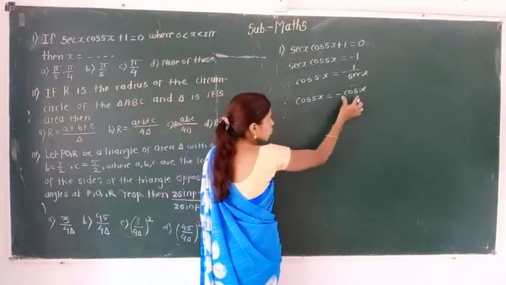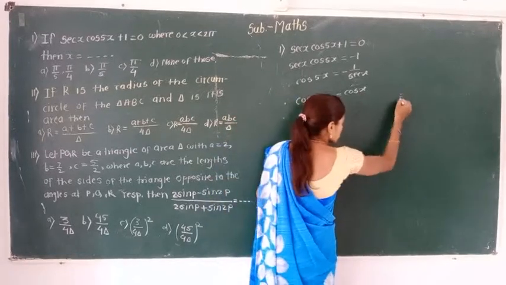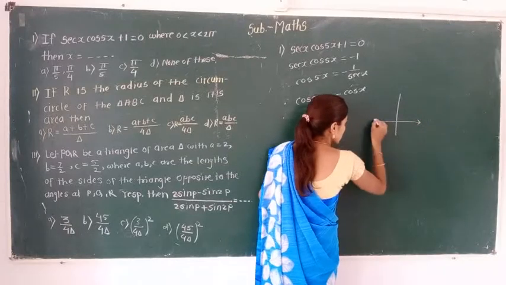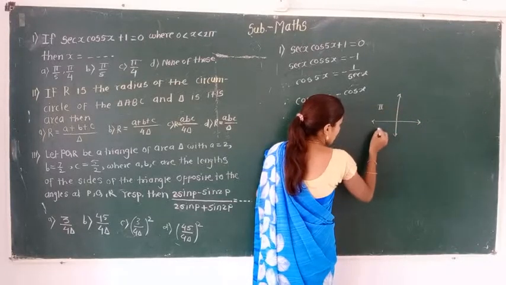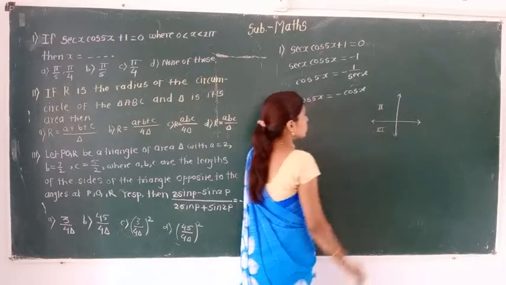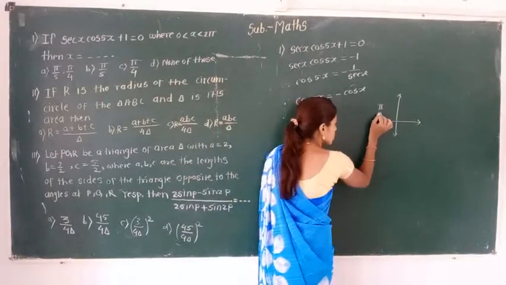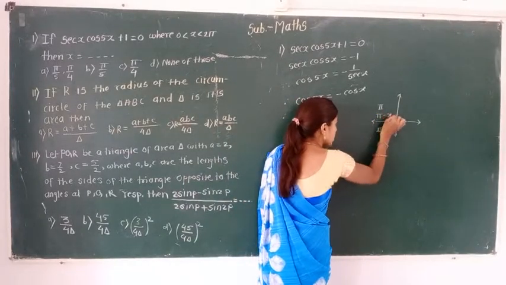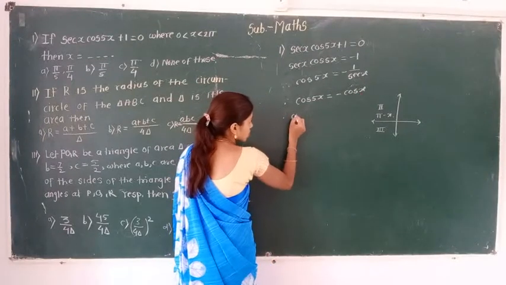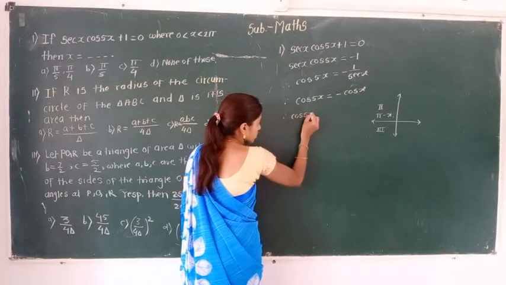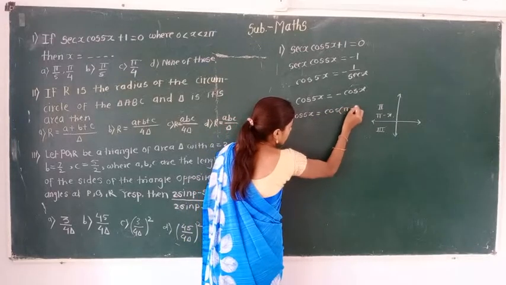Now we know that cos trigonometry is negative in the second quadrant. In the second quadrant and third quadrant cos is negative. Take the initial quadrant, and in this quadrant we take the angle pi minus x. So we can write cos 5x is equal to cos of pi minus x.